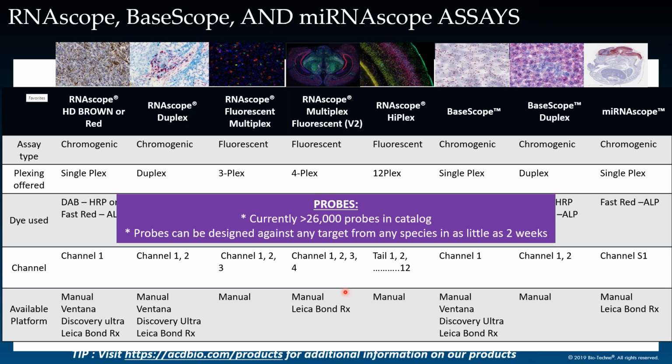Currently, we have over 26,000 probes in our catalog, where we already have these pre-designed probes ready for you. But if you want to design a probe against a target that's not in our catalog, we can very easily design any probe against any gene in any species in as little as 2 weeks. So do refer to our catalog to see what genes we already have probes for.